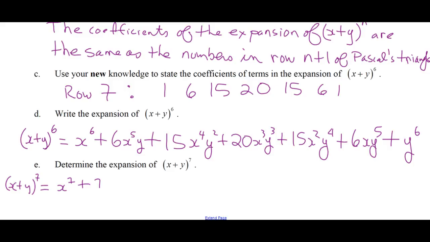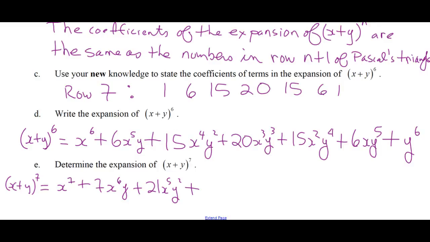Okay, so I just pull my coefficient out of the row in Pascal's triangle, and I just take my exponents. As long as I'm writing the whole thing out, I just count down the x's, which start at this number and go down, and the y's start at 0 and go up.